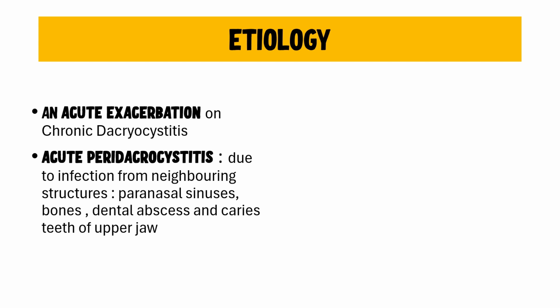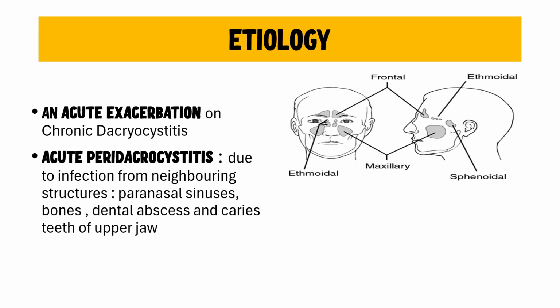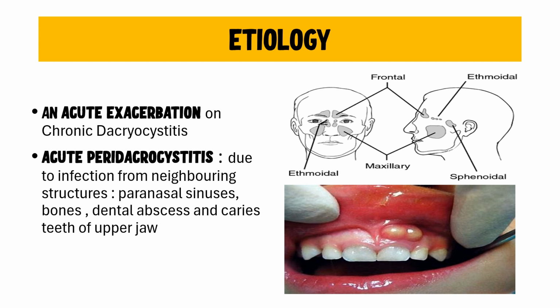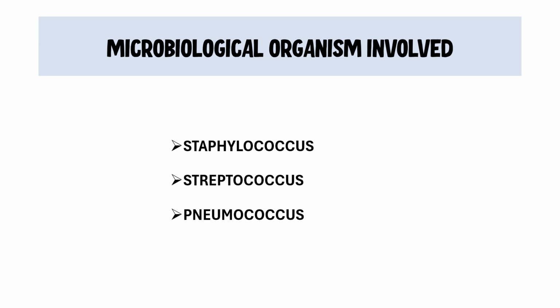That means the infection comes from neighboring structures. You may already have infected paranasal sinuses, or it may come from surrounding structures like a dental abscess or caries of the teeth of the upper jaw. So infection from neighboring structures can also spread to the lacrimal sac, leading to acute dacryocystitis.